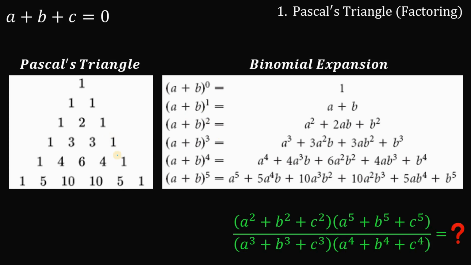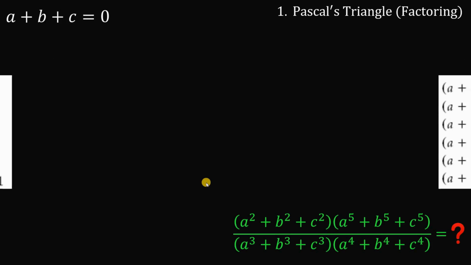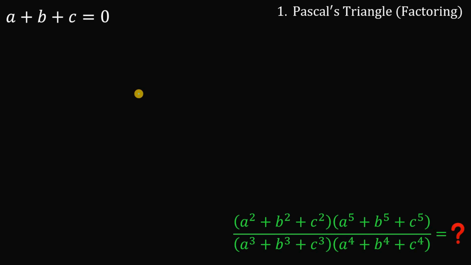Now in this video, we will use a plus b raised to the power of 2, 3, 4, and 5. So take a look at those expanded forms. Now let's begin with our question. Let's get our given equation, a plus b plus c equals 0.